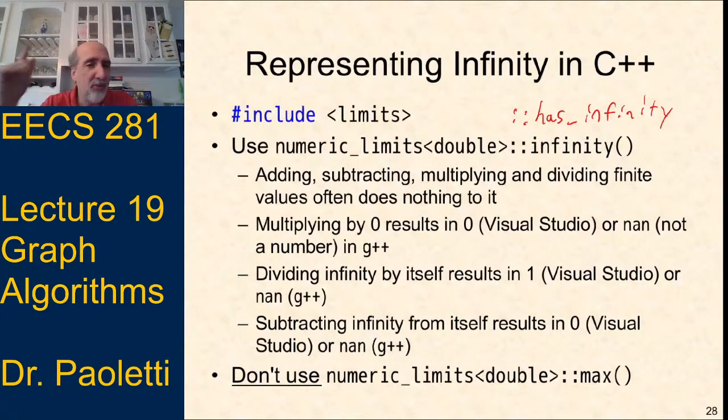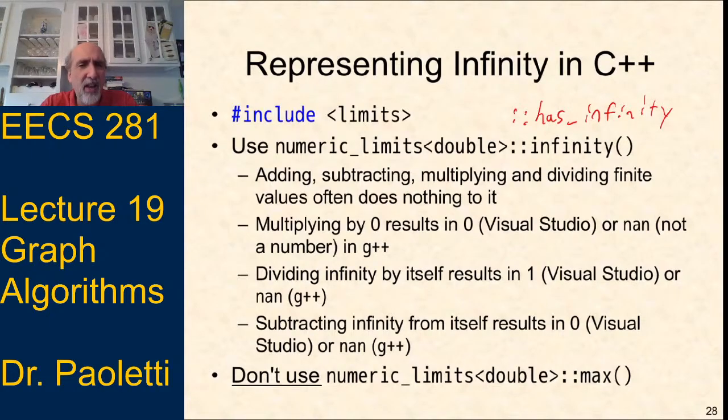And the problem is if you take 5 plus 2 billion, you get negative 2 billion-ish. It wraps around. Whereas a type like double or float, the only two I can think of that have a special representation of infinity, if you take double infinity and you add a finite value to it or multiply a finite value by it, you still get infinity. And in G++, things make more sense.